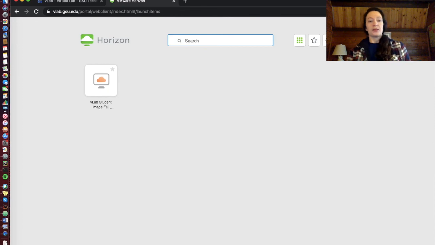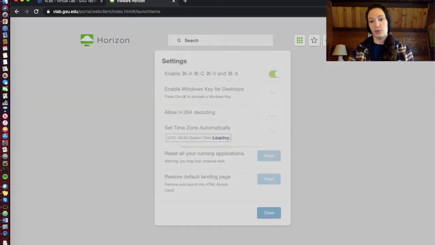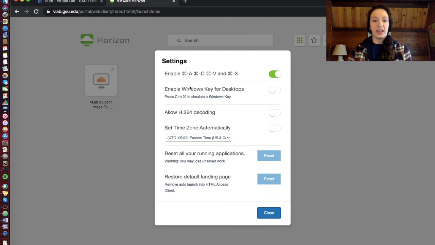Perfect. Once you're at this page, go up to the upper right-hand corner and select this gear symbol, or settings, whatever you normally have for settings. If you have a newer computer, there may be a high-resolution option.